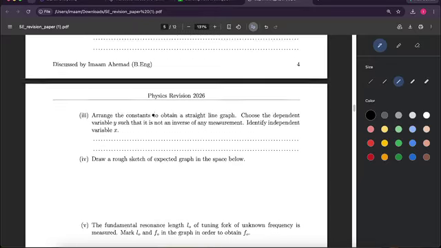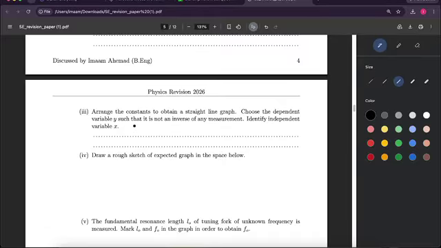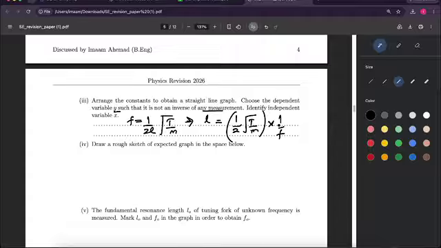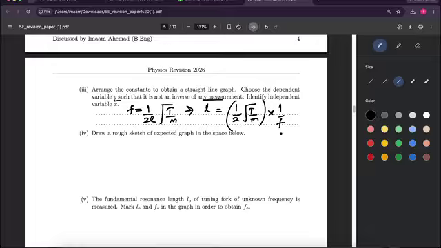Write the equation. Here you have to make L the subject without having an inverse. We know that f is 1 over 2L root of T over m. So take L to that side, because L is the dependent variable and 1 over f is the independent variable.